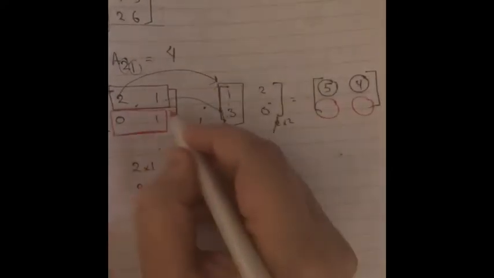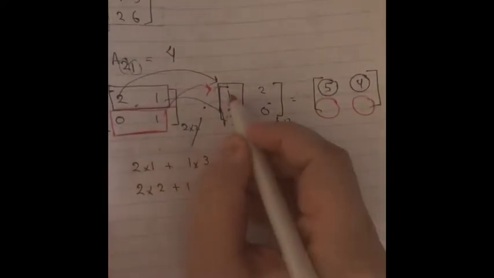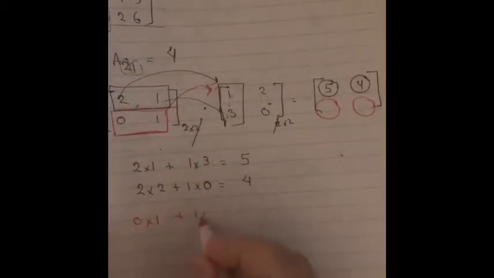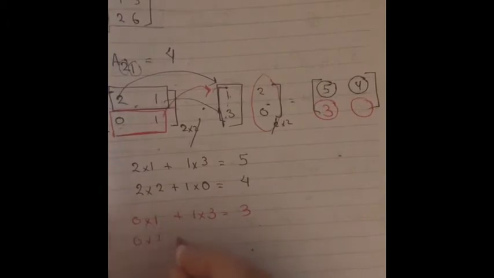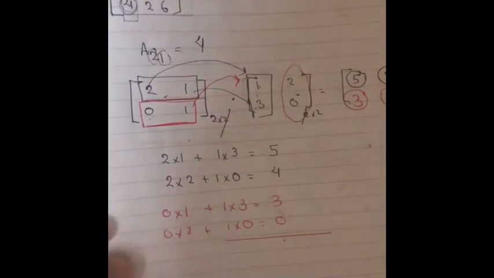Second row with the first column, 0 by 1 plus 1 by 3, and that gave me 3. I would write the 3 here, and then I'll move to the coming column. 0 by 2 plus 1 by 0, it's a 0, and here is the answer. This is how to multiply.